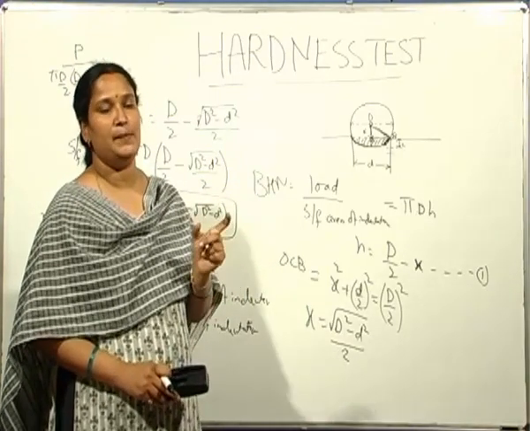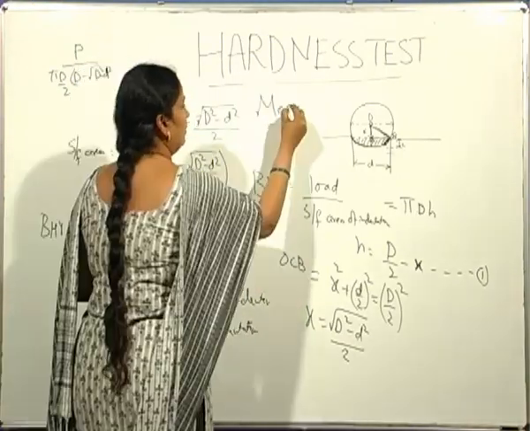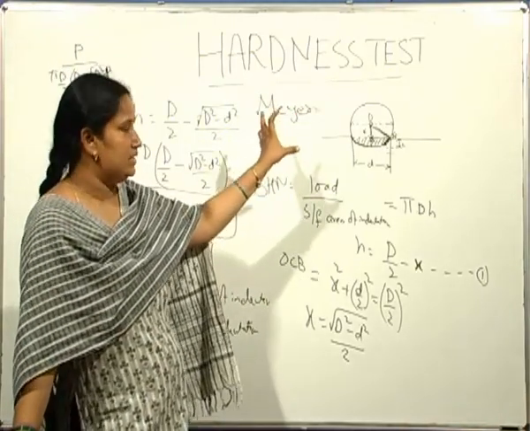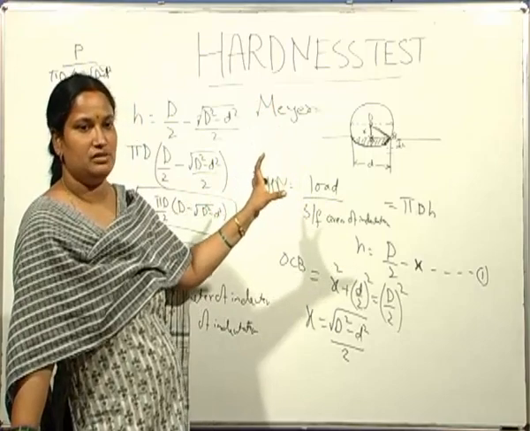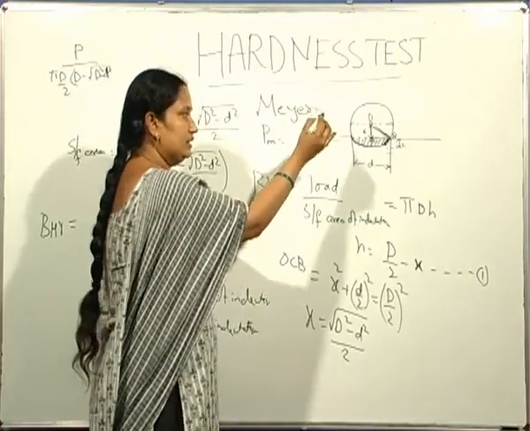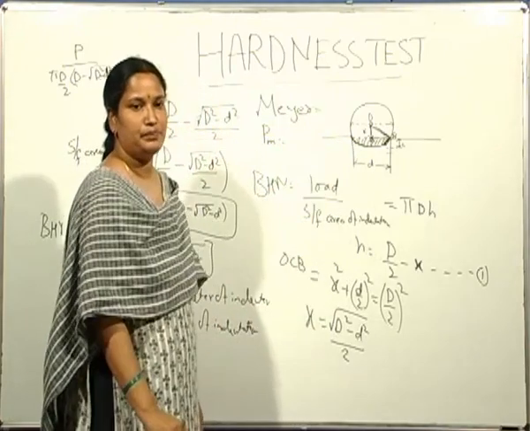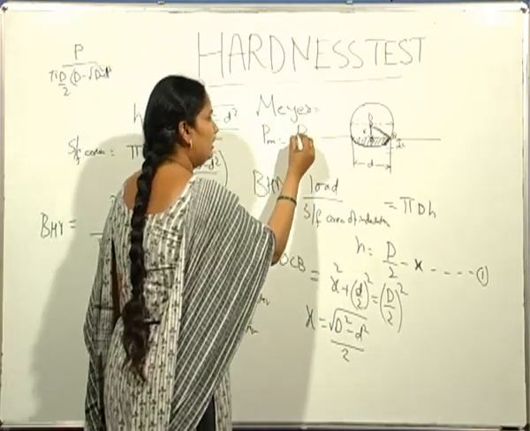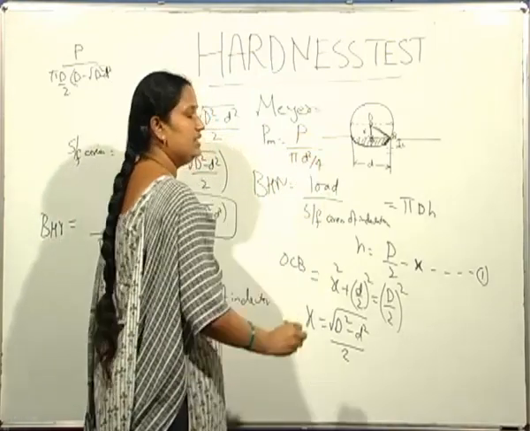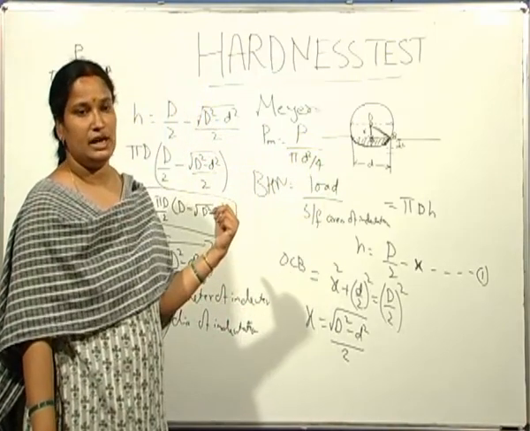This is given by Meyer. Meyer states that the mean pressure between the indenter and the material is given by load divided by the projected area of indentation, not the surface area of indentation.